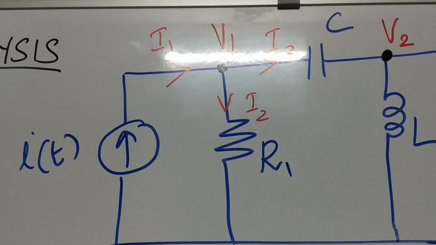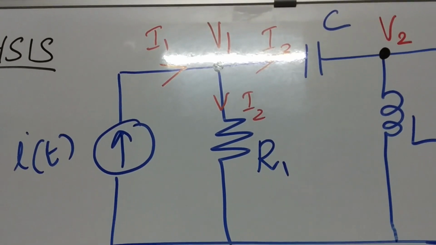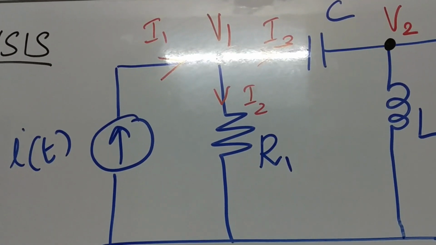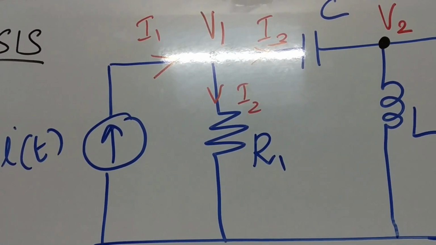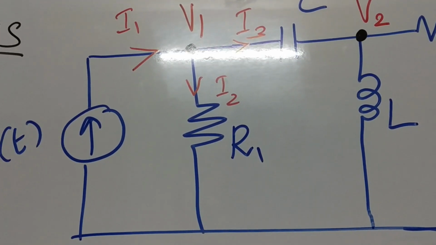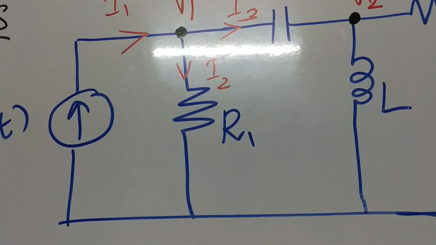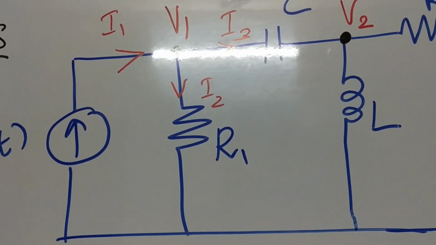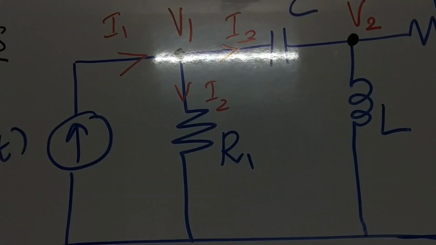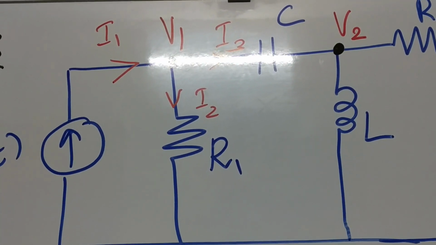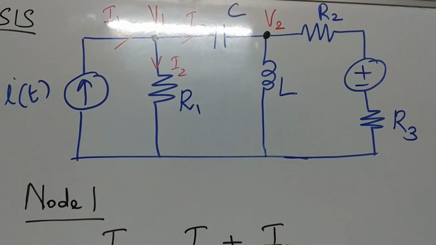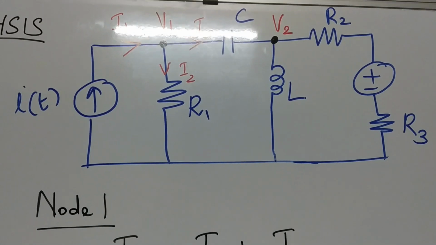What about I3? I3 is the current flowing through the capacitor. What is its equation? The general equation for the current through a capacitor is C into dV by dt.